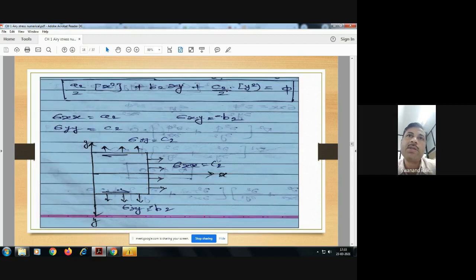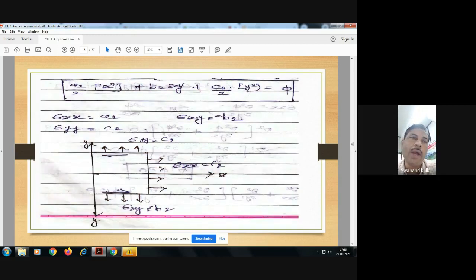Here with first differentiation, this will be 2y, 2 will get cancelled, and c2y, so ∂φ/∂y is c2y. And again by taking the second differentiation, what is going to happen here is that c2 is going to remain only, because already this term has become 0.